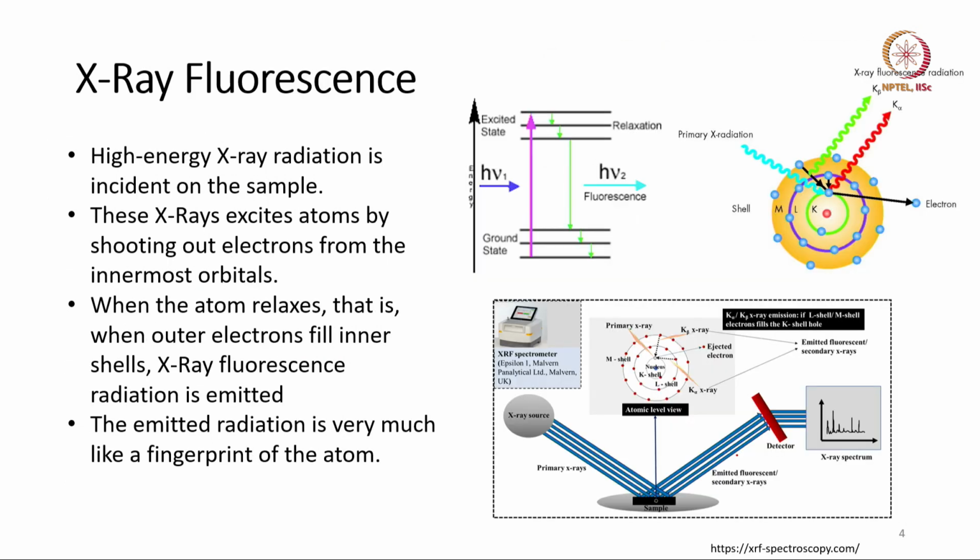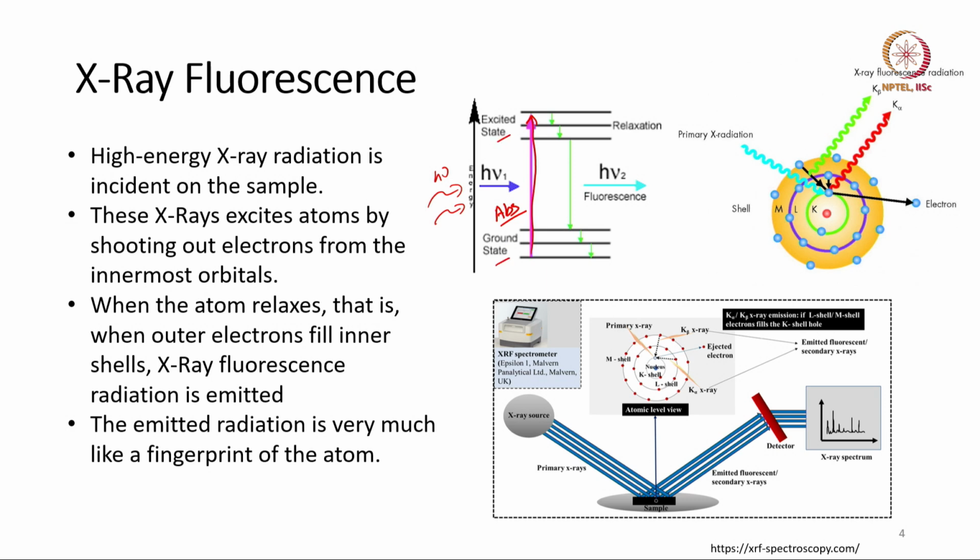Coming to X-ray fluorescence spectroscopy, or XRF, let us talk about the very basics of fluorescence. As I initially talked about, if energy is incident on our material, we have a phenomenon called absorbance, which we utilize in UV-visible absorbance spectroscopy. The energy is absorbed by the material, and it gets excited from the ground to the excited state.